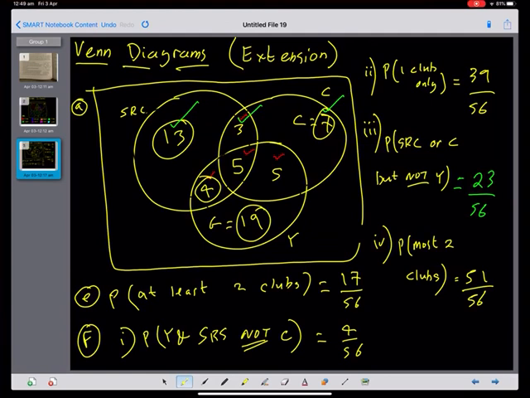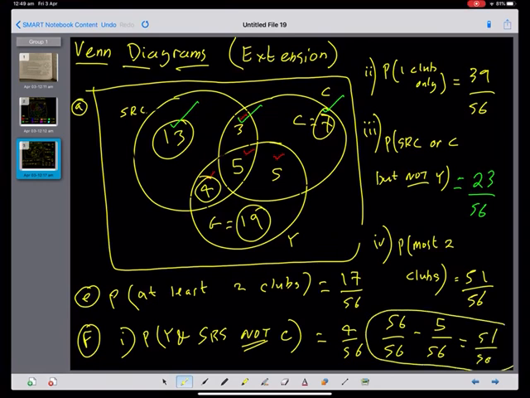Okay, so for at most 2 clubs, we count all the people who do 2 clubs and add them together, or we could subtract 56 over 56 minus the people who do 3 clubs, which gives 51 over 56. That's how I did it.